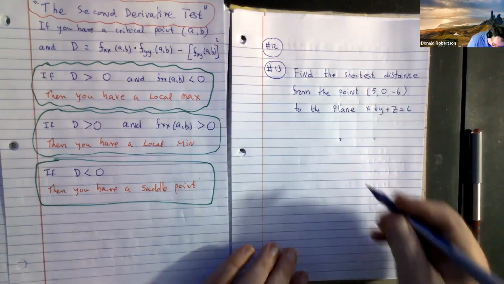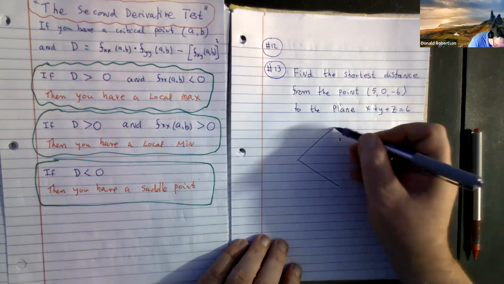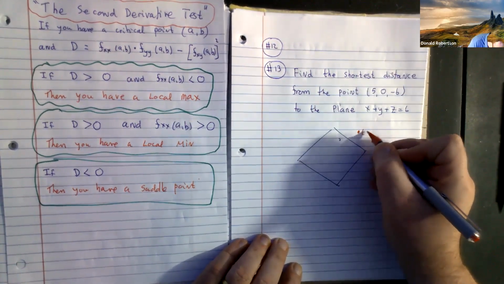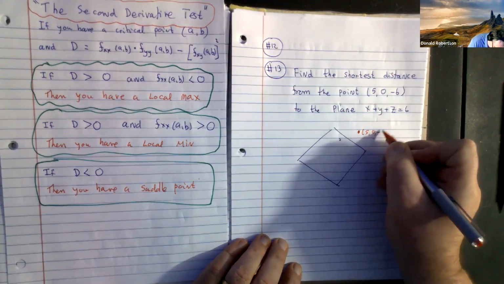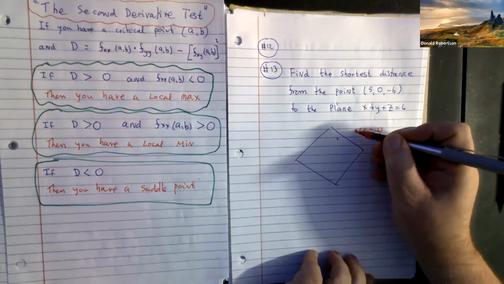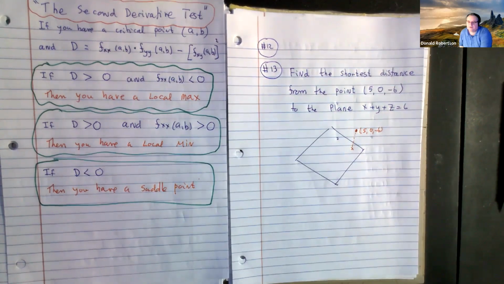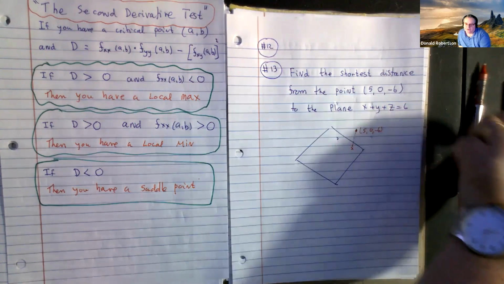Now, if you want to imagine it, can you imagine that's the plane? And this guy here is the point (5, 0, -6). Then the shortest distance would be that distance there, right? And we are going to find that shortest distance.